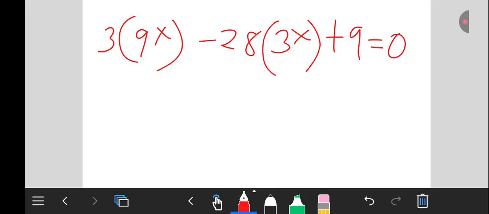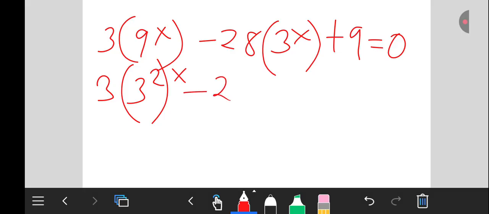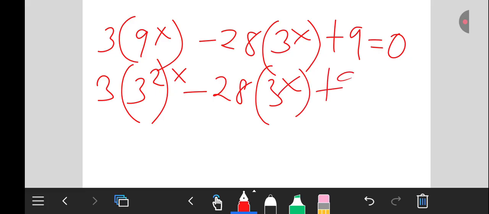So as usual, we make something similar here. So we can write this 9 as 3 to the power 2. Then there is also the power x there. Then minus 28 3 to the power x plus 9 is equal to 0.